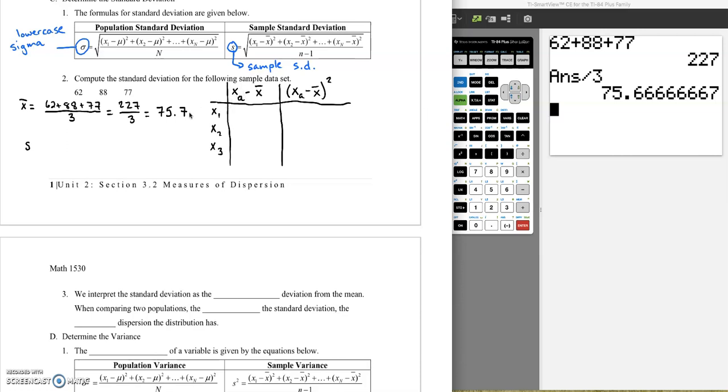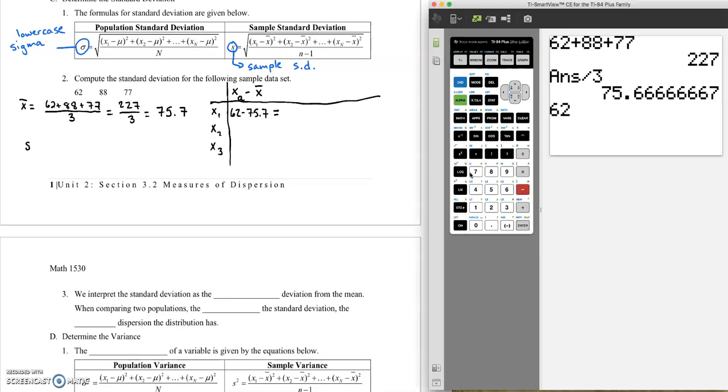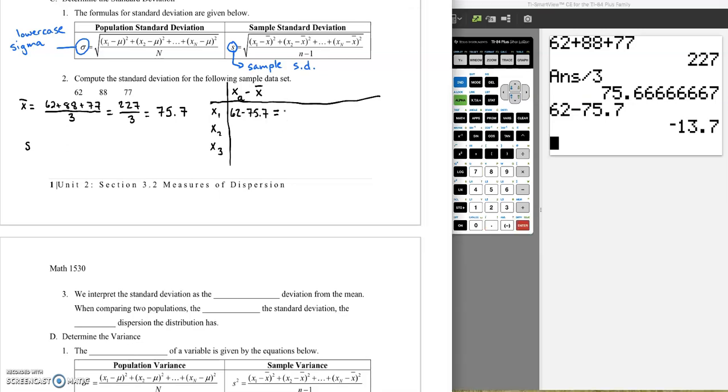So let's see. We do 62 minus 75.7. I did not draw this table big enough for us to write anything in. And that equals, so 62 minus 75.7 is negative 13.7.